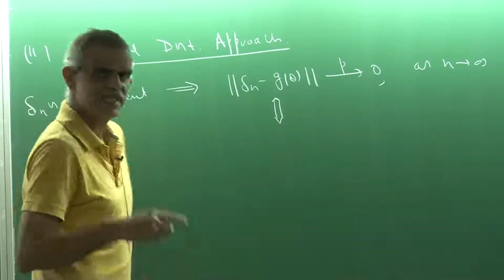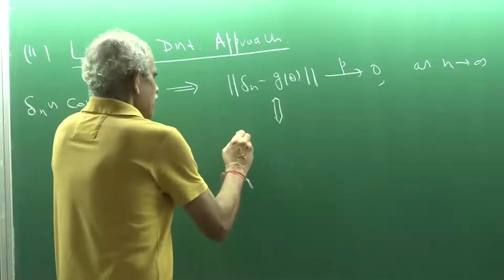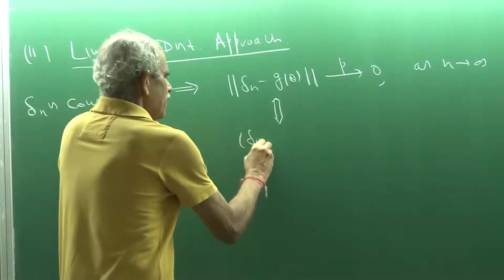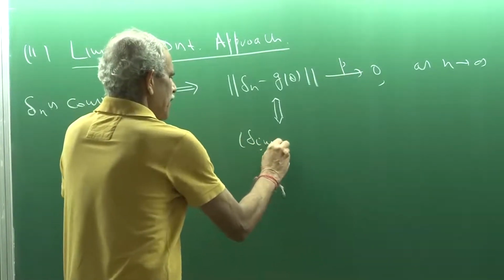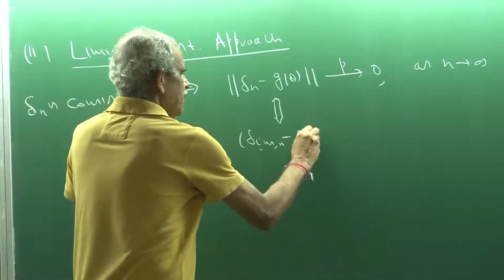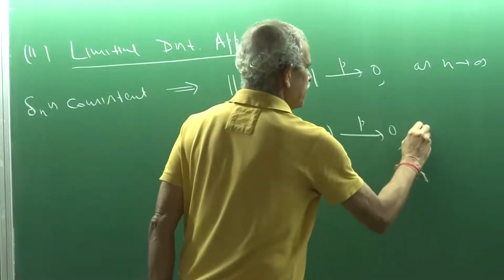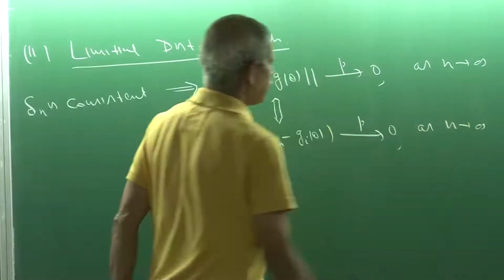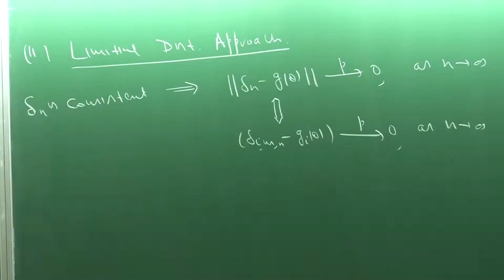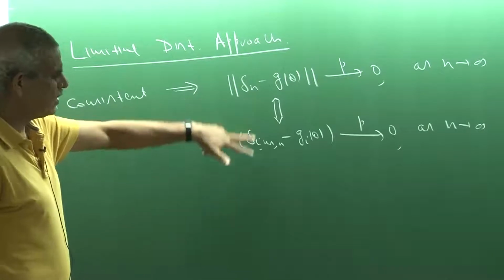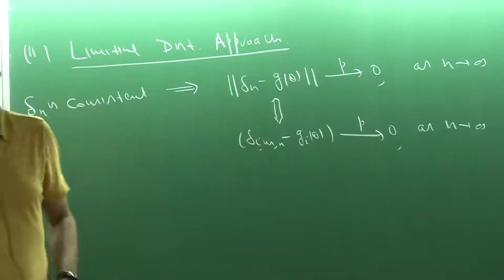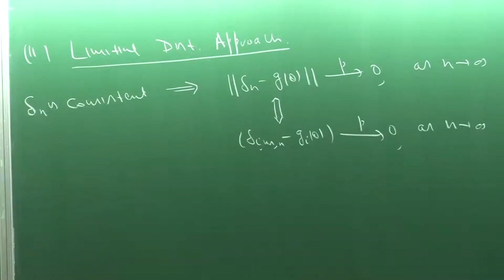if delta n is delta 1n, delta 2n, up to delta mn, then delta in minus gi theta goes to 0 in probability for each i. So there is a convergence in probability component-wise. The two are equivalent, right? Because the two are equivalent, I can talk everything in terms of convergence of real estimators, that means estimators which take only real values.